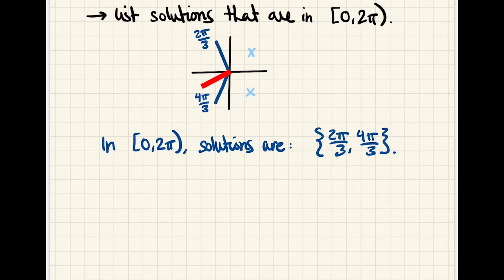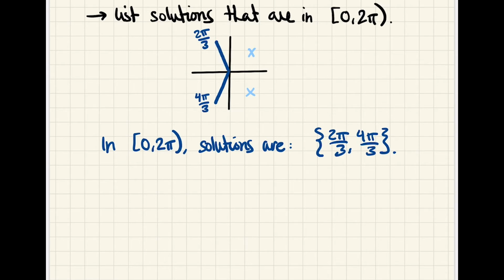In fact, you could go around 10 more times, right? And that would be adding 10 times 2 pi, so 20 pi, added to this angle. And you would, of course, land right here. And the cosine of that angle is -1/2. So whatever that number is also a solution. So there's an infinite number of solutions.